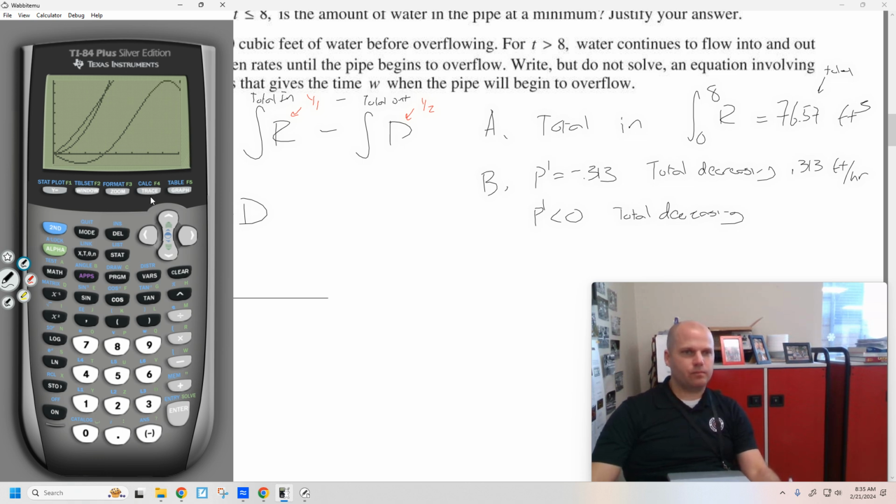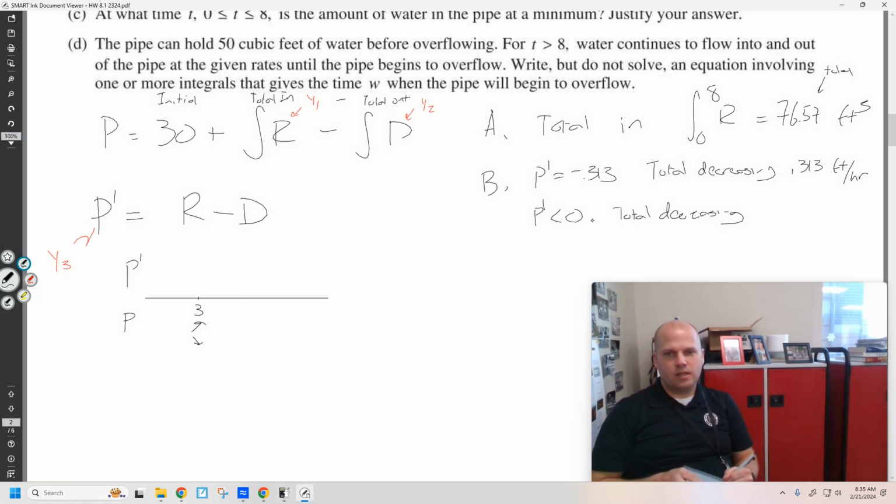It's another way to do it. Go to trace, go to 3. Let's see where we're at. This is the rate in, which is 5.08. Here's the rate out. If you go up and down, we can see it's 5.4. You can see your D of 3 is bigger than your R of 3. Your rate out's bigger than your rate in. So your total is decreasing.